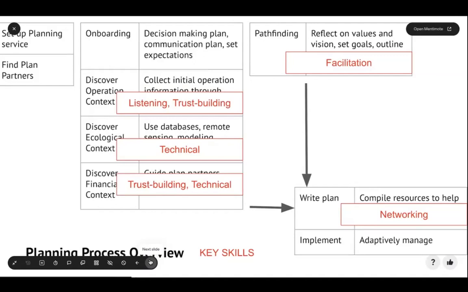And as we mentioned, we're not going to cover the basics of soil chemistry, soil physics, or anything. We have resources that we can point you to if you want to get caught up with that. But we also have this big piece of networking is a really important skill. And so we're really going to highlight that today, as well as touch on the facilitation. So we've got this process and the skills that align with those different parts of the process. Next.